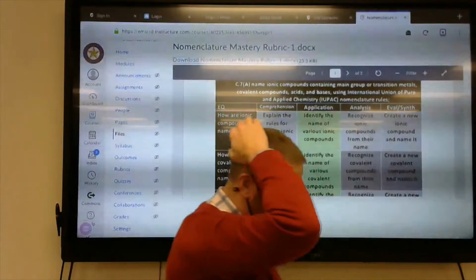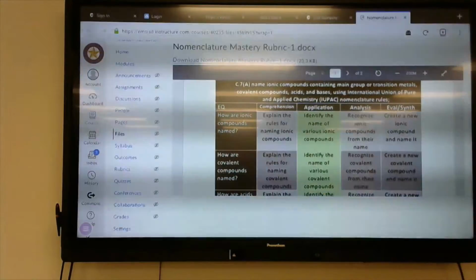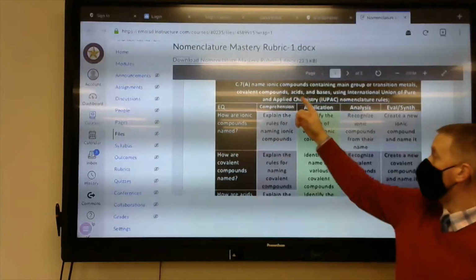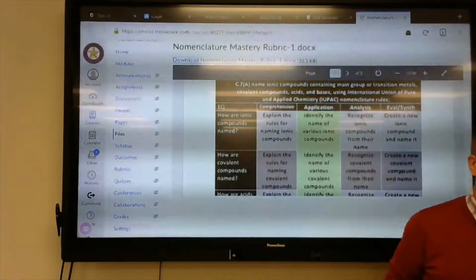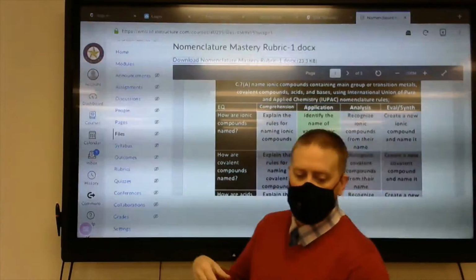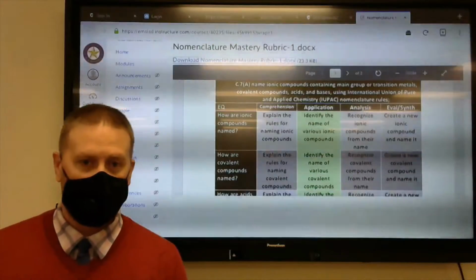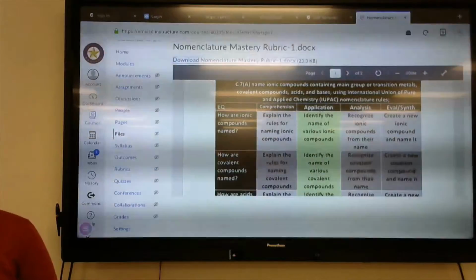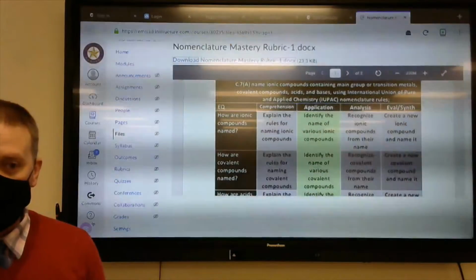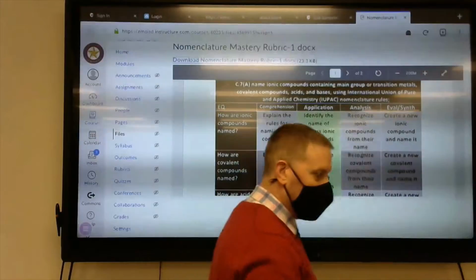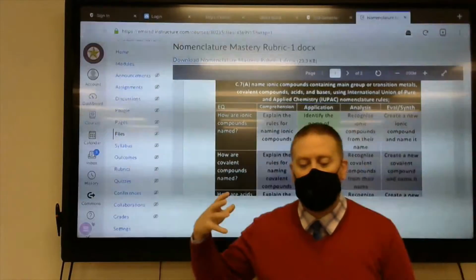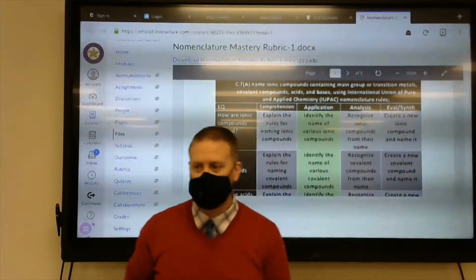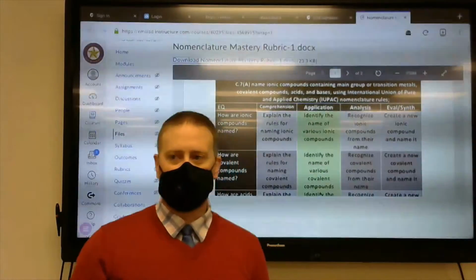And you should have this opened up already in your Canvas. For each state standard, I will have a set of what I call essential questions. Those essential questions will be written over here on the left-hand side of the rubric. And then for each of the essential questions, I will have a set of mastery activities at each of the different levels.